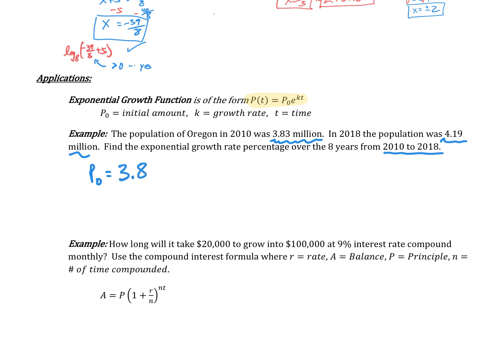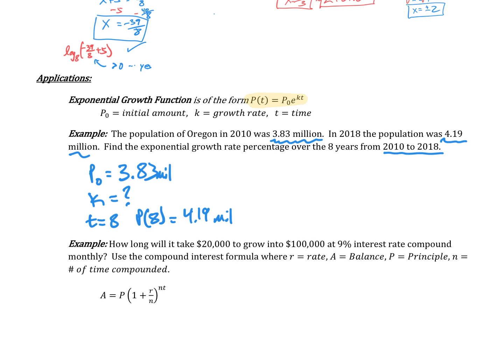That's 3.83 million. Our growth rate, K, is something we don't know. When T is 8, we know P of 8 is 4.19 million. And these are millions.